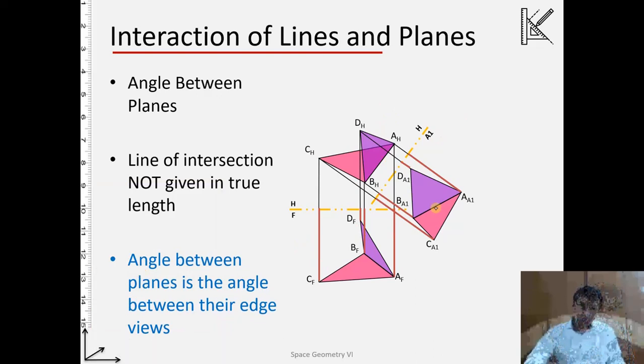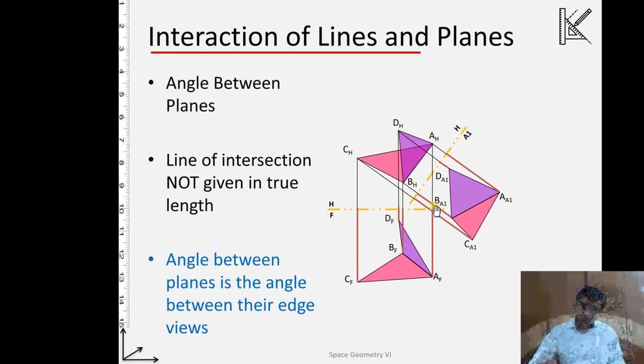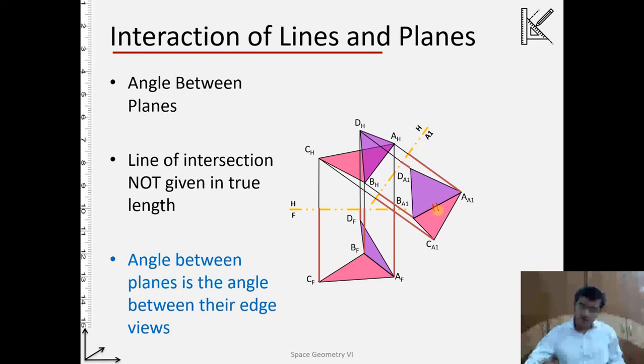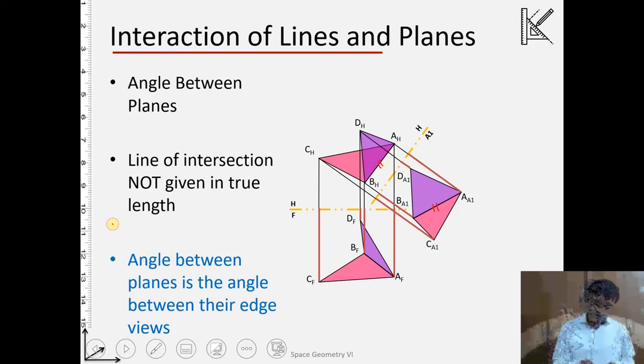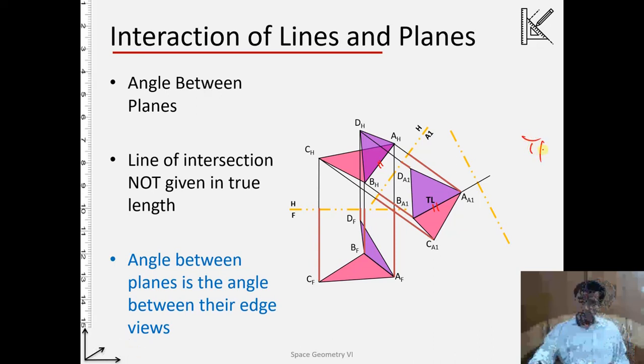The line here is the true length, because its projection on the horizontal is parallel to the auxiliary plane A1. So that's why it is the true length. Once we have the true length here, with the help of the true length, we know how to create the point view.